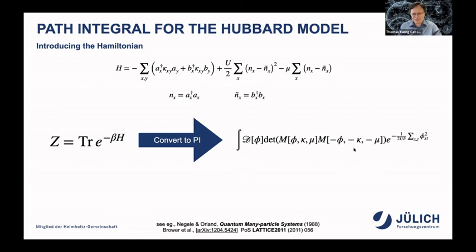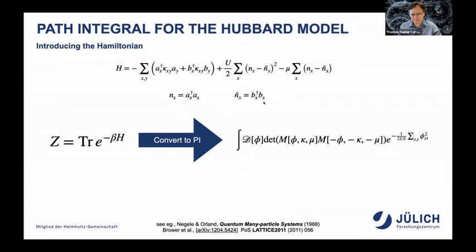And not surprisingly, there is a determinant of a product of two matrices M. So these are fermion matrices. I use M to represent my fermion matrices. In previous talks, you've seen D or D slash. Again, it's more or less the same principle here. The reason why we have two fermion matrices is because we have two different fermion species here.